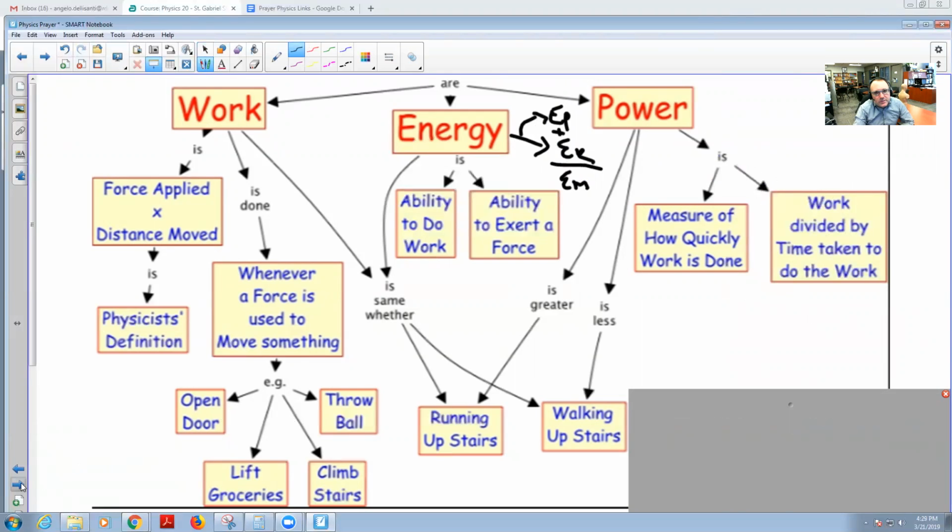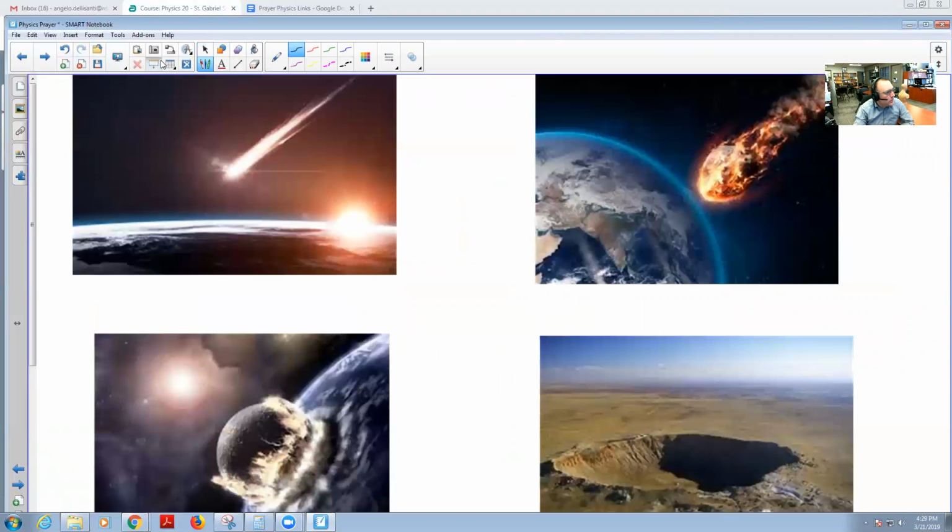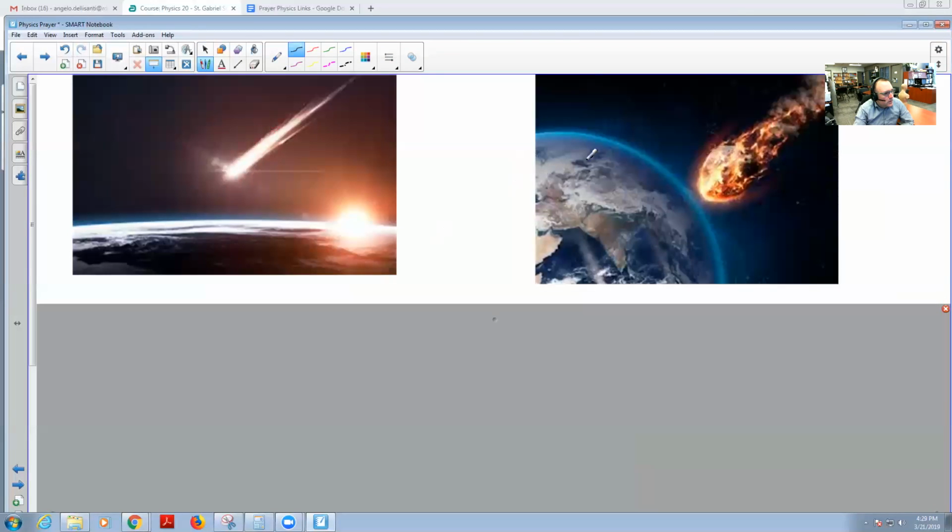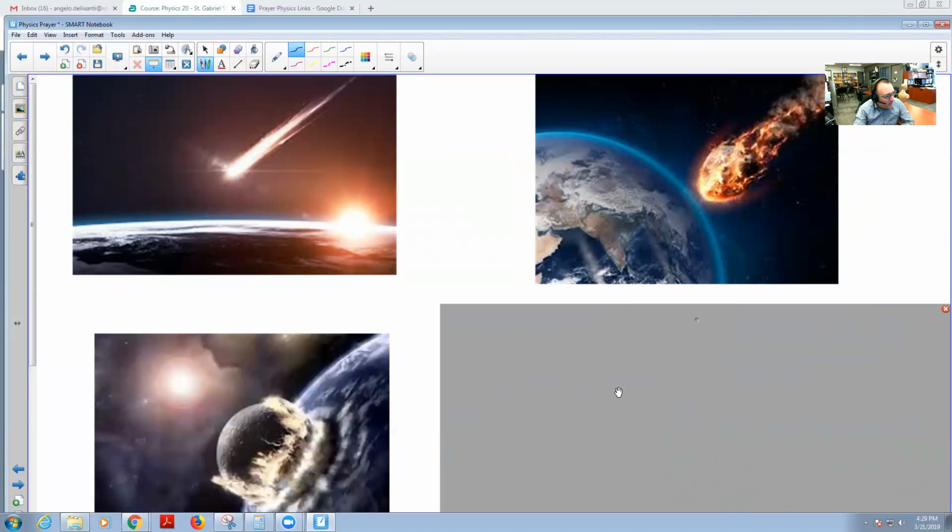Another thing that we'll be doing in the assignment is focusing on meteorites: how a meteor comes into the Earth and what happens to it. There is a beautiful look at how Earth looks, and how a meteor is coming in, and then you could see how it takes a big impact.